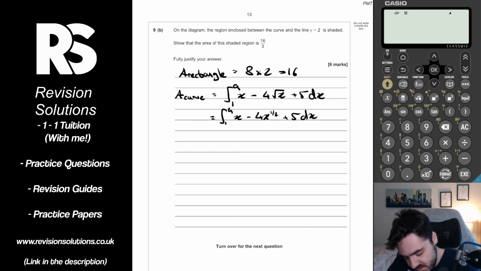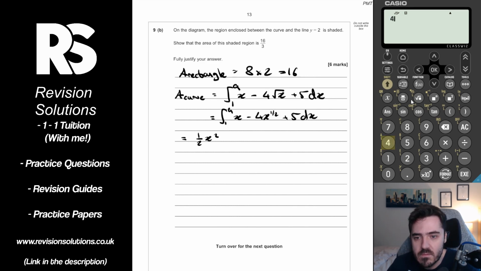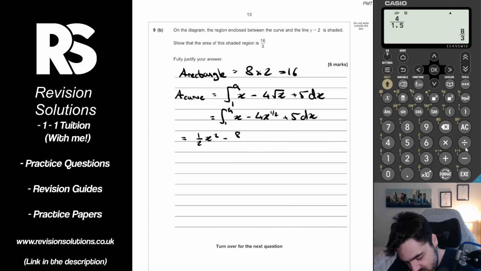And then integrating that, it would be a half of x squared, then 4 divided by 3 over 2. What's that? 4 over 1.5. That's 8 over 3. So minus 8 over 3 x to the 3 over 2 plus 5x. And then we run our limits.